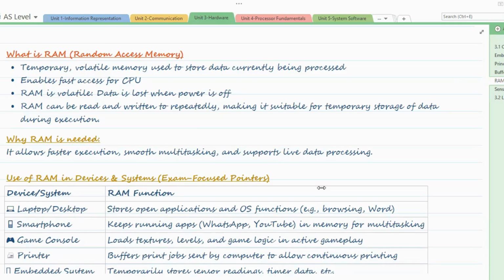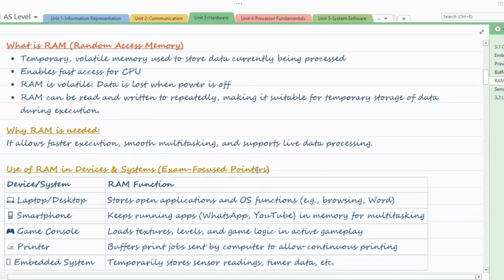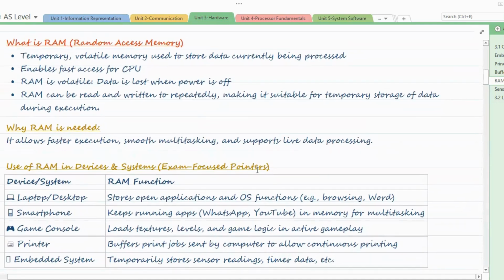RAM has some important characteristics. First, RAM is volatile. This means that when power is switched off, all data stored in RAM is lost. For example, if you're typing a document and the computer suddenly shuts down before saving, the unsaved work disappears because it was stored in RAM.